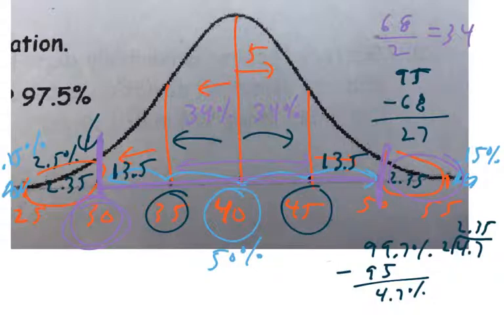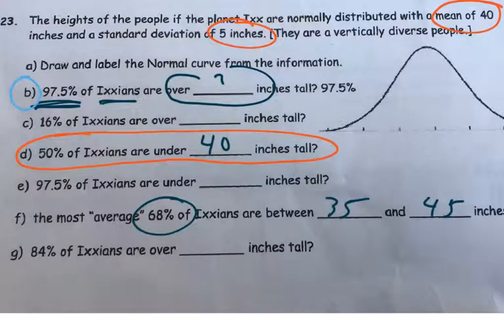So actually that does work out to be the correct answer. So do you agree at 30, if I'm missing 2.5% on the left side roughly, just getting close, I know 97.5% of the Ixians anyways are over 30 inches tall.